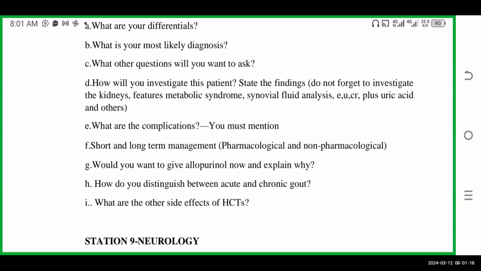Then in the acute phase, the goal is actually to relieve pain and inflammation. So we can use NSAIDs, we can use corticosteroids, then colchicine also can be used. Then the newer one has also been shown to help with acute gout.